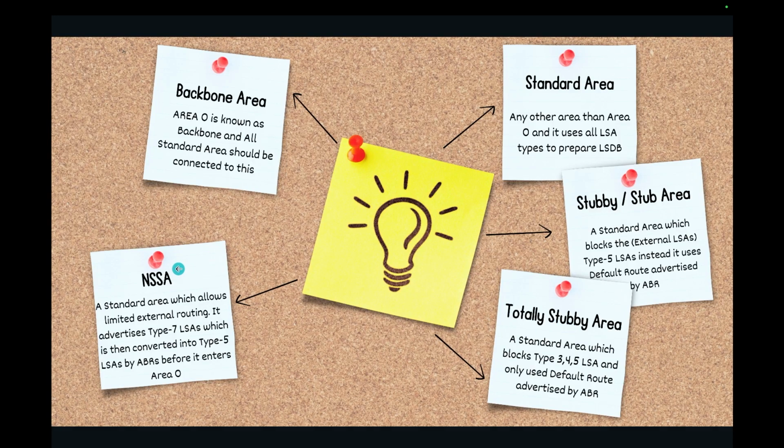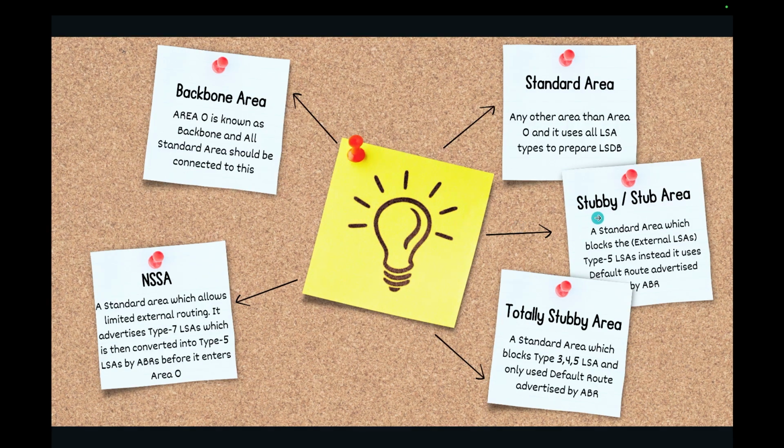Now the last type that we have is NSSA, which means not so stubby area. This is also a standard area which allows limited external routing, and it uses type 7 LSAs, which are then converted to type 5 LSAs by the area border routers before they can enter area 0.